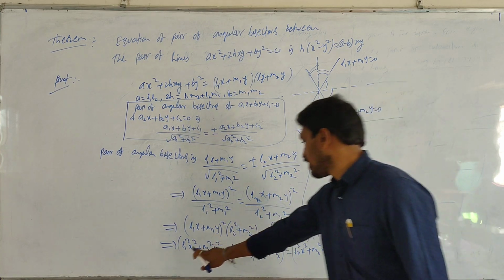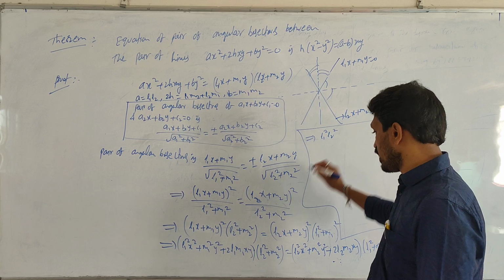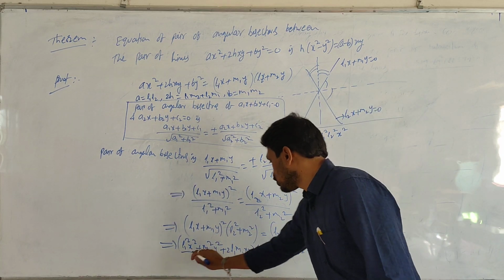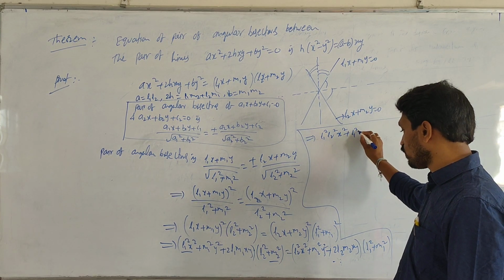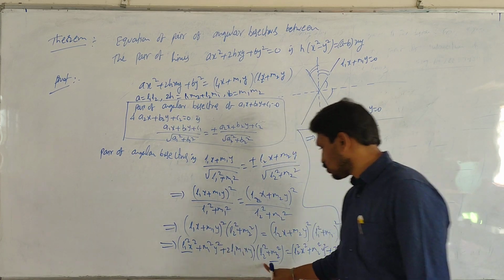What you have? l1 square l2 square x square, and the same multiplied by m2 square, that is l1 square m2 square x square. So with the first term, these two terms are completed.